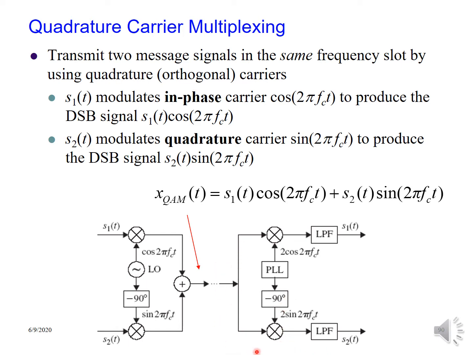Okay, so we mix this one, and at the demodulator, here is the demodulator, we also do the shifting, the first signal and the second signal, and then we multiply by the carrier, but don't forget the 2 because we have downgraded the amplitude by half, so multiply back by 2. 2 cos 2 pi FCT is the carrier, and then we filter one side only, and then we get the original S1(t) and S2(t).